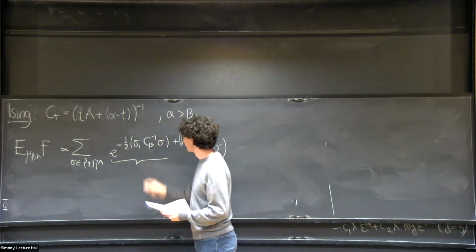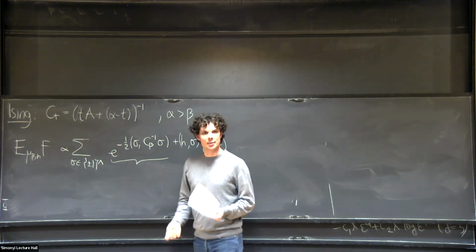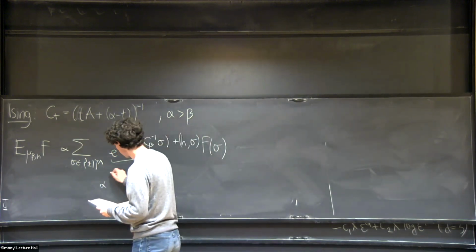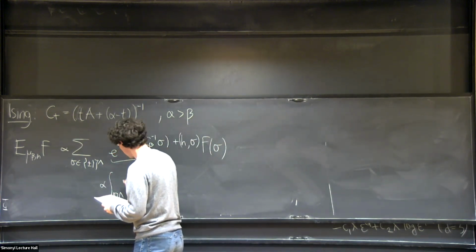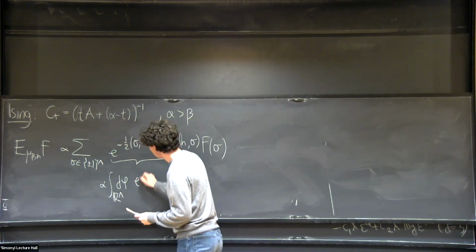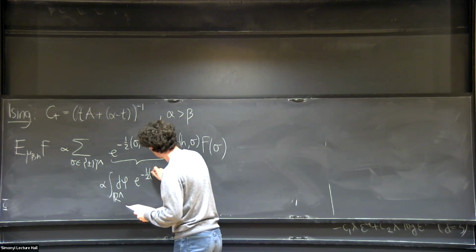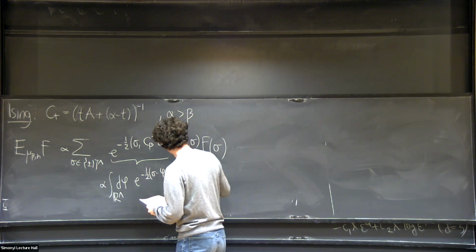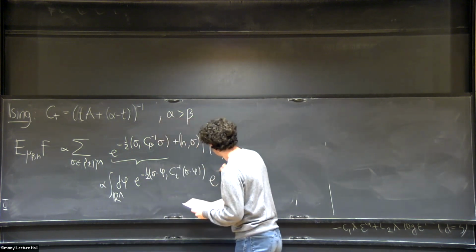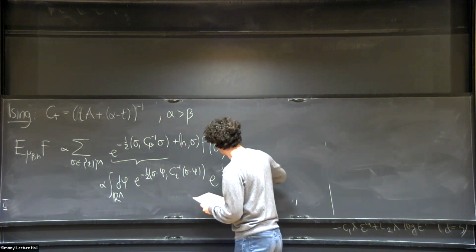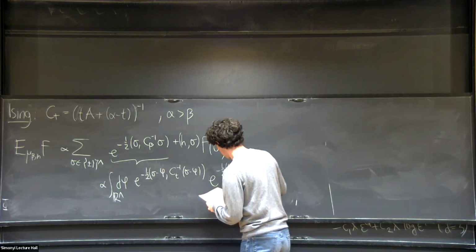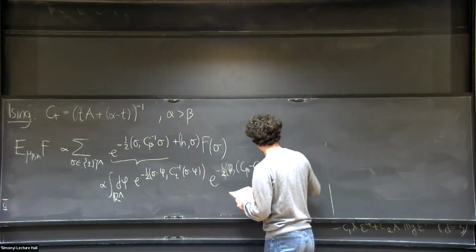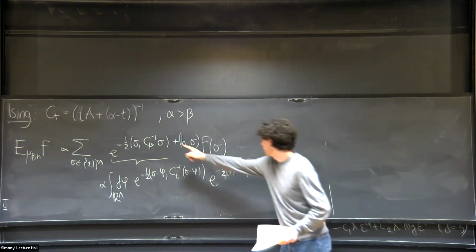It's a Gaussian density. We can write it as a convolution of 2 Gaussian densities. In fact, for any t less than beta, we can write this density like this.